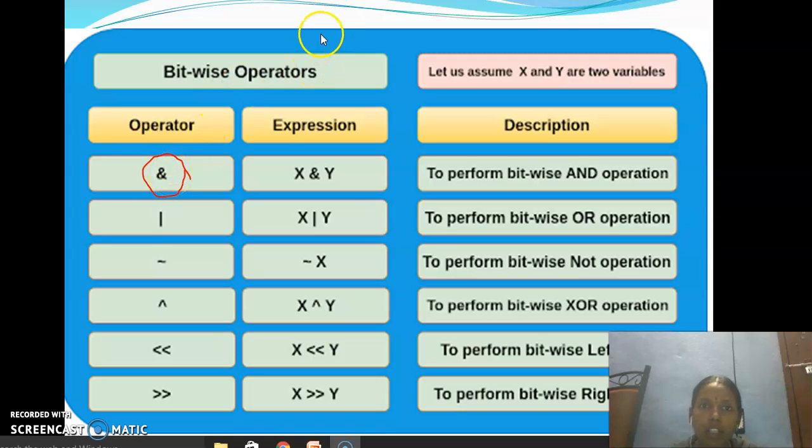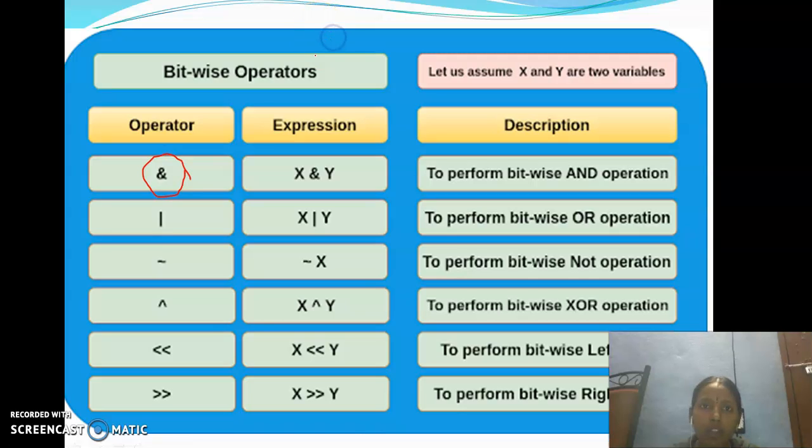For example, what is the binary number of 4? Consider the binary number of 4 and the binary number of 5. I'll take one more example: x as 1 0 and y as 1 1.